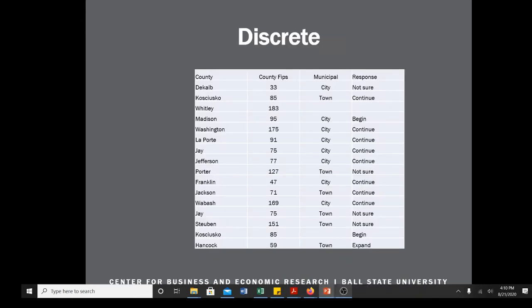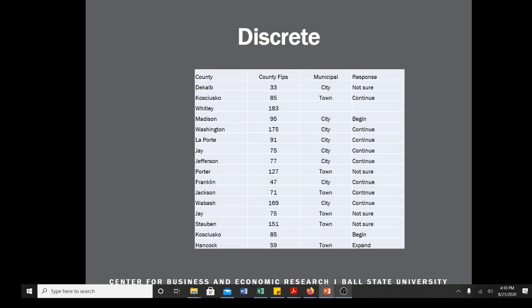A discrete variable is one where there's comparative data. So for example, this is select results from a survey we just completed with Indiana's municipal and county government. So we have the county FIPS code, which is a federal geographic designator for each place in the country.